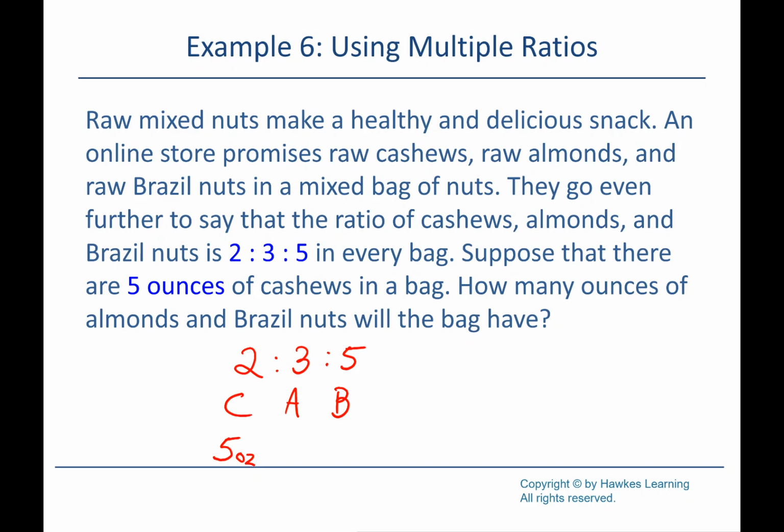And we'll use that to set up a little equation. So I know my ratio of cashews is 2, and I have 5 ounces of cashews. These are cashews.